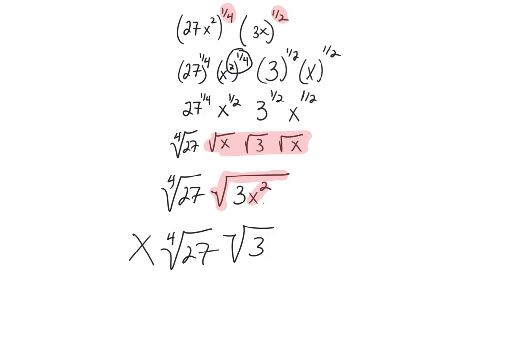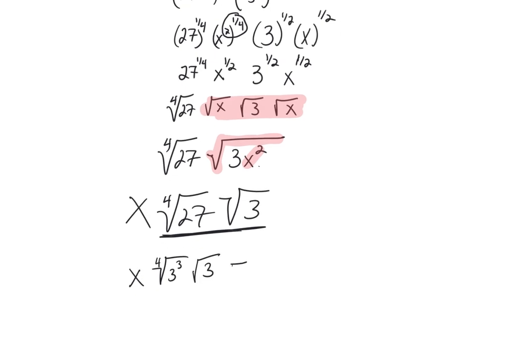Again, we cannot combine a 4th root and a square root. Therefore, we're going to see if we can rewrite this a little bit. So we have x. Now I really have the 4th root of 3 cubed. 27 is 3 cubed. Now, if I rewrite that, that's going to be x times 3 to the 3/4 power times 3 to the 1/2 power.